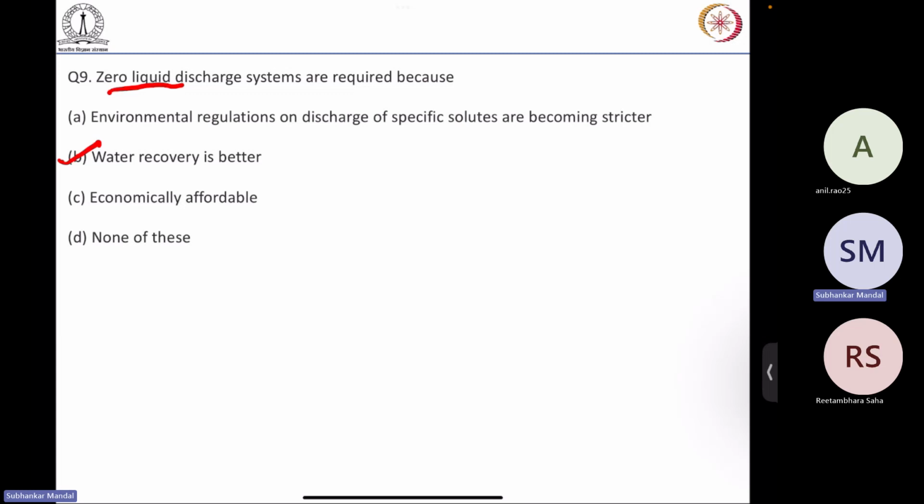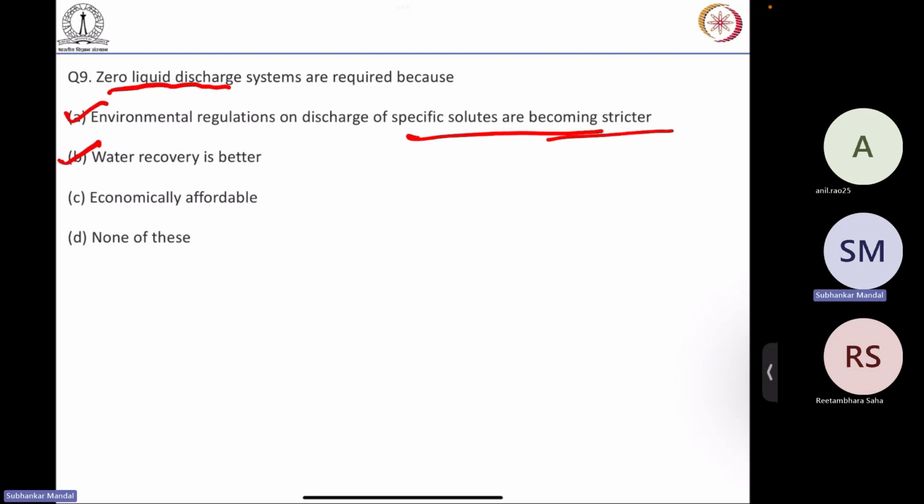Because zero liquid discharge, this is what it is called. You are basically desalinating the water or toxic hazardous material, no? So that means environmental regulation on discharge of specific solutes is becoming stricter. So that will be the other option.